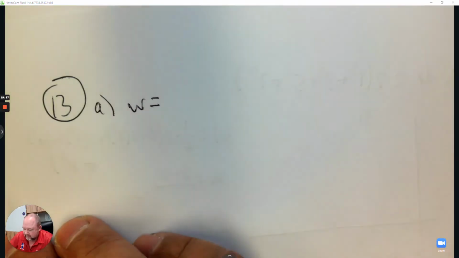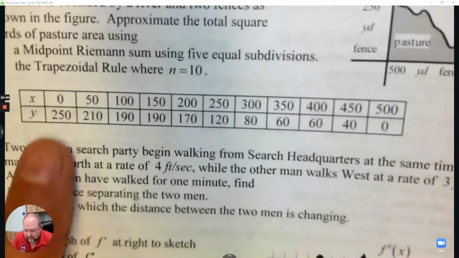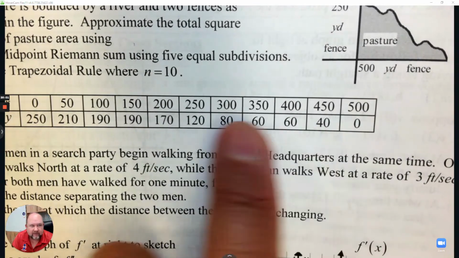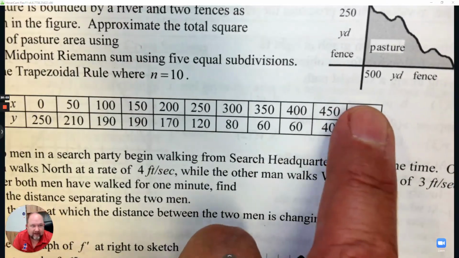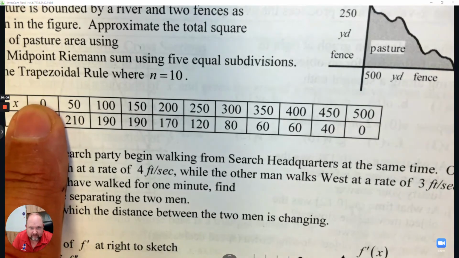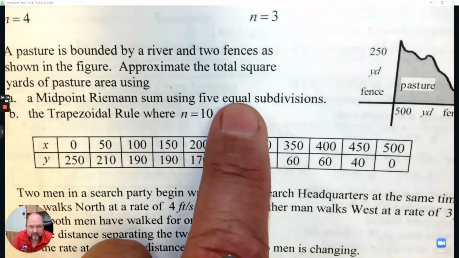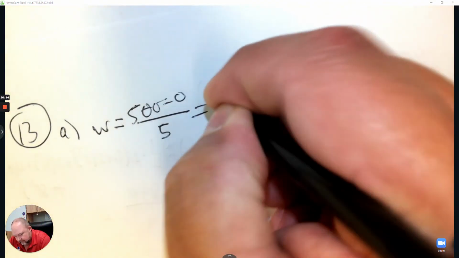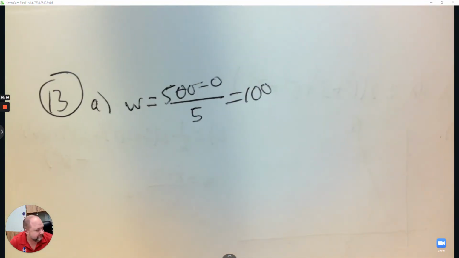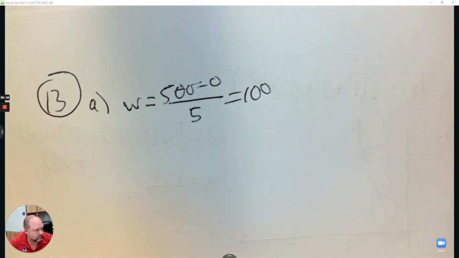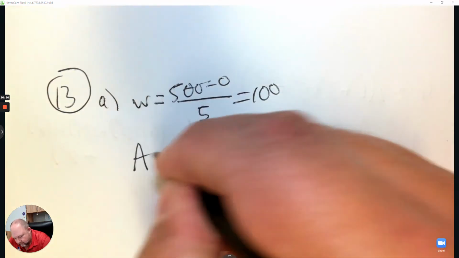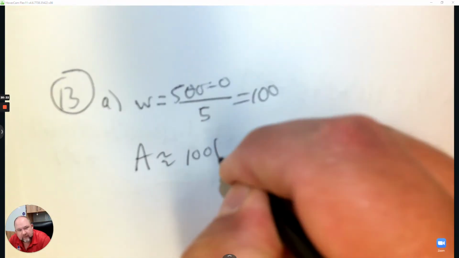It goes from 0 to 500. So 500 take away 0 is 500, and then divided by 5. That would mean each interval is 100.